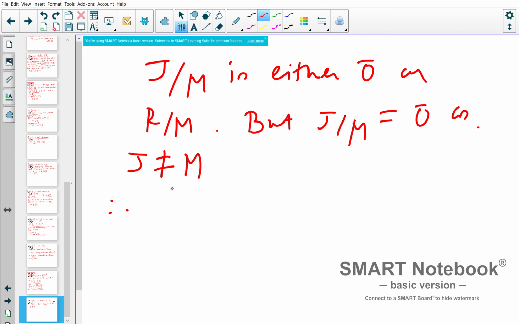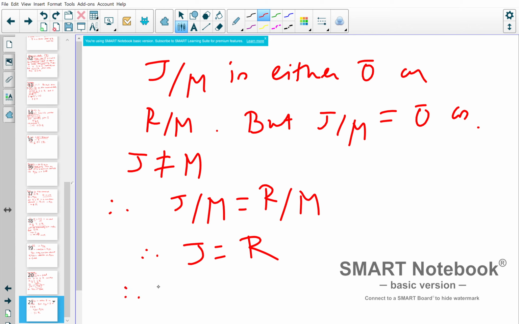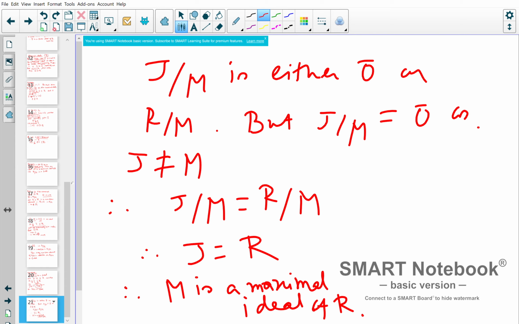That means J mod M equals R mod M, and this implies J equals R. Okay, and thus M is a maximal ideal of R. Clear? So this is a very nice way of concluding whether something is a maximal ideal or not.